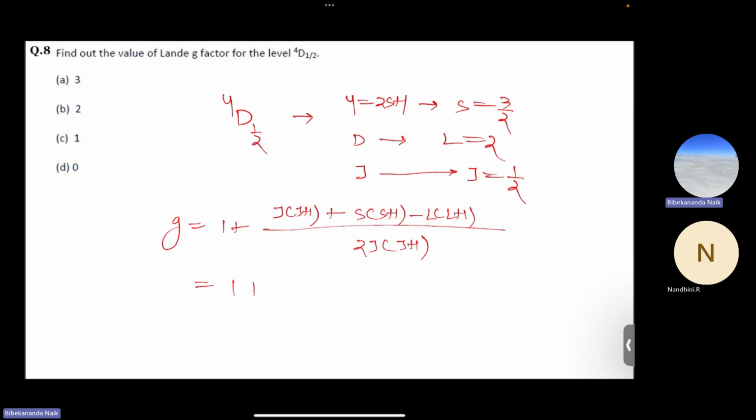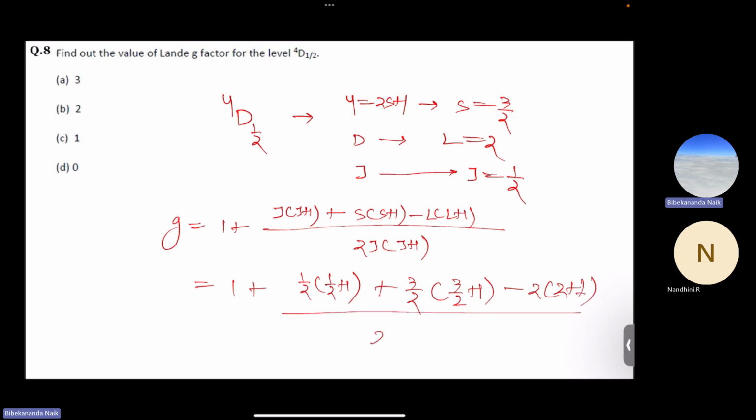So putting the values, 1 plus half into half plus 1 plus 3 by 2 into 3 by 2 plus 1 minus 2 into 2 plus 1, divided by 2 into half into half plus 1.